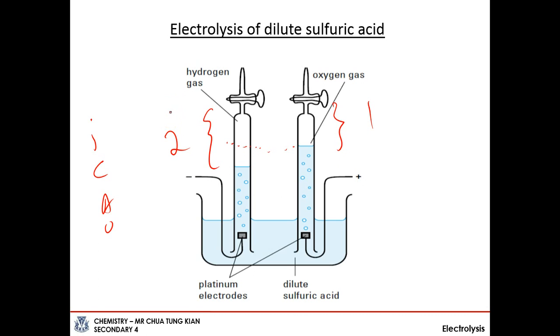Based on this, if I give you a blank here, you should be able to fill in the polarity of the electrode. O2 gas comes from OH-, so OH- must be attracted to the positive terminal of the power source. H2 gas comes from H+, which must be attracted to the negative terminal of the power source.